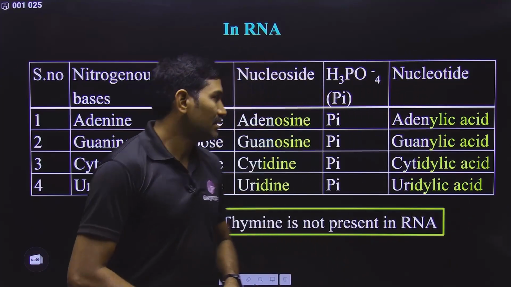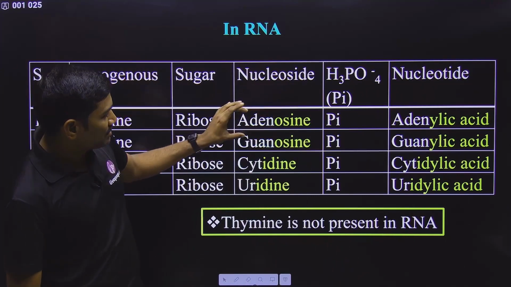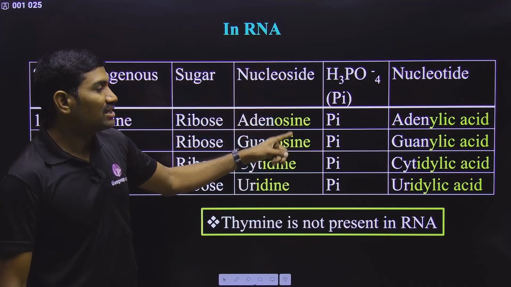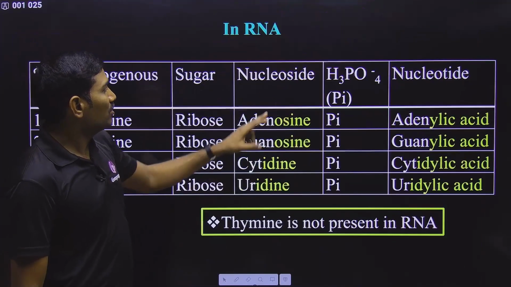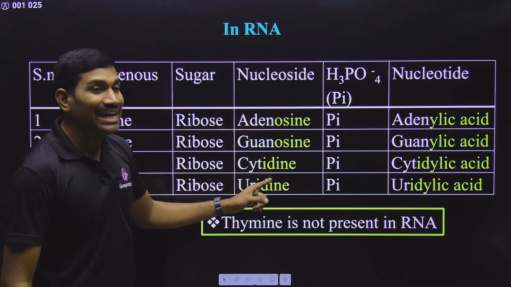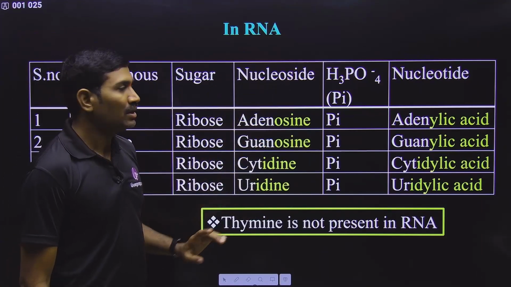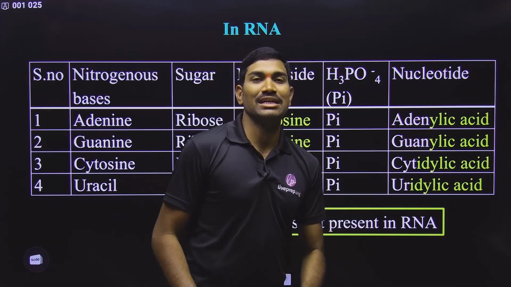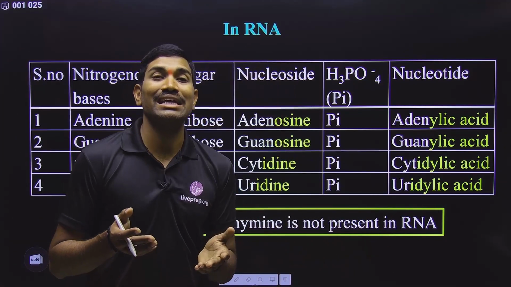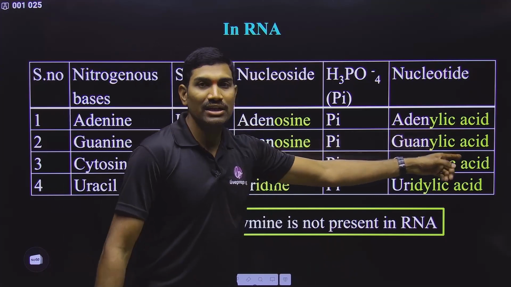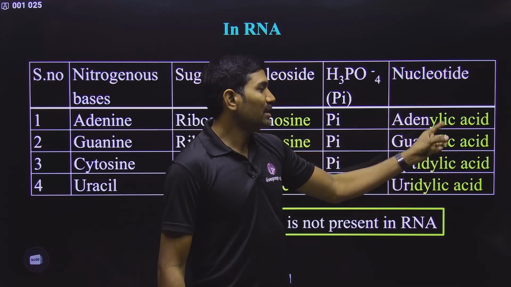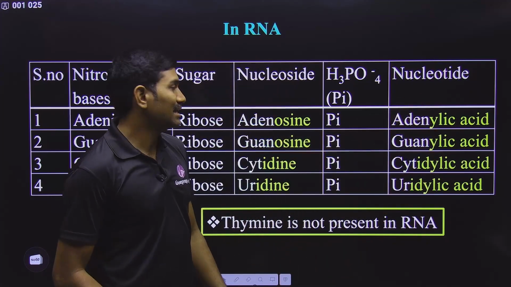So please remember these names here. For the nucleosides with respect to purines, osine comes at the end. For the nucleosides with respect to pyrimidines, idine comes at the end. Please remember this. And then to this, if a phosphate group is attached, phosphate meaning orthophosphoric acid, they change to the corresponding ylic acids.